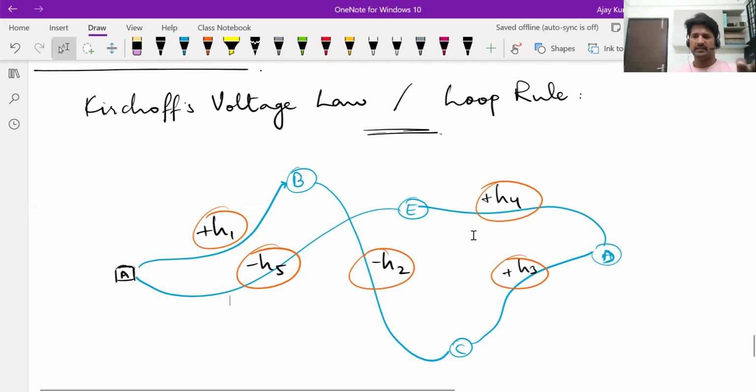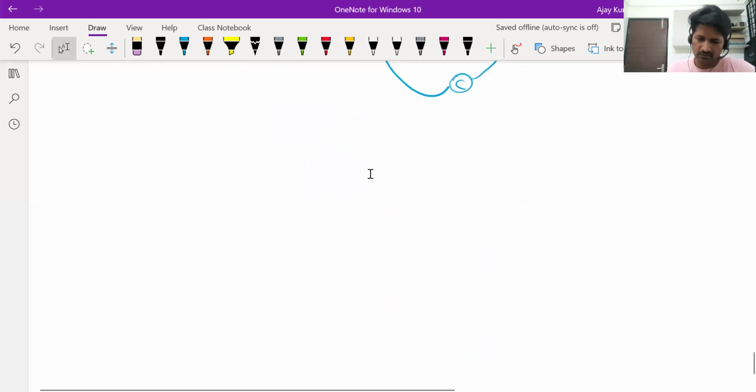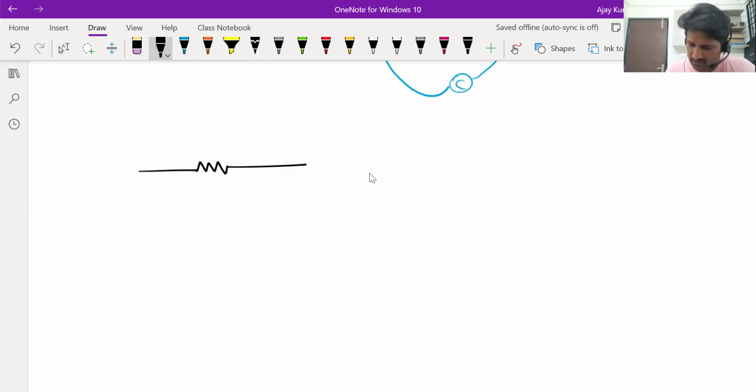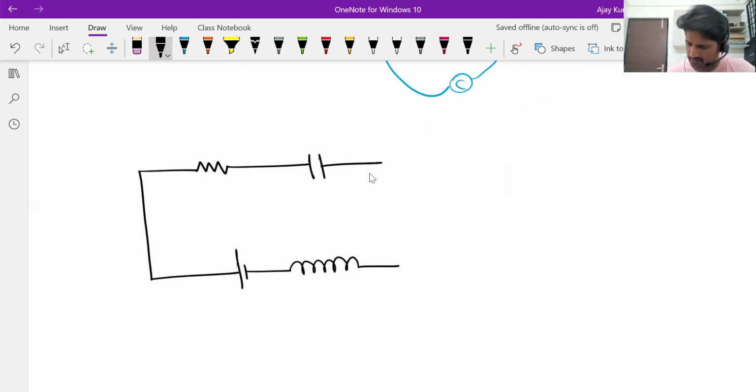This same idea, if you apply it to an electrical circuit in terms of potentials, it becomes KVL, Kirchhoff's voltage law. So suppose there is a circuit like this, having some resistance, maybe a capacitor, maybe a battery. And as I said, later on, you will come across an element called an inductor. It's basically a spring. So the circuit could have any number of these elements, let it be.